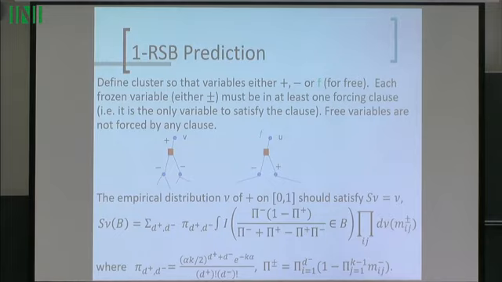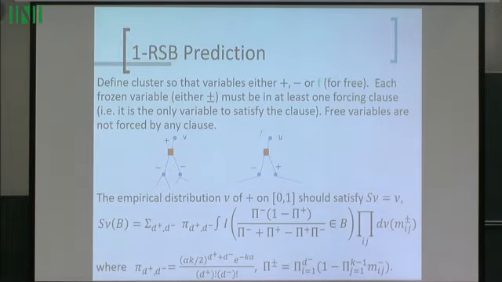Like a completely isolated vertex will just always be free. And it turns out, just by some of the symmetries of the model, it's enough to keep track of just the marginal that a vertex is a plus. And by symmetry, that will be the same empirical distribution as the marginal that it's a minus.